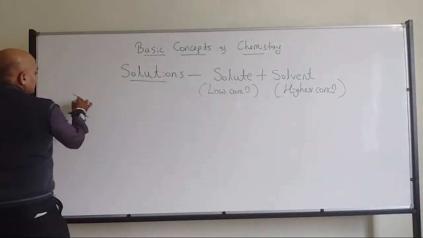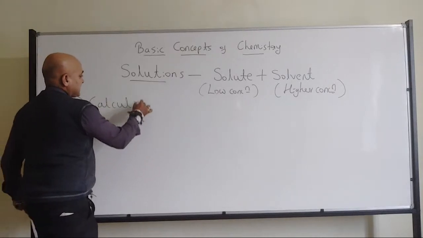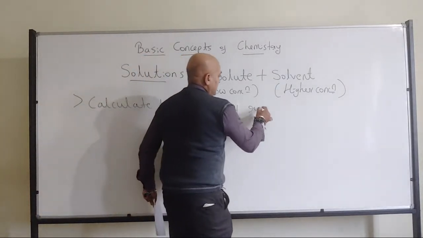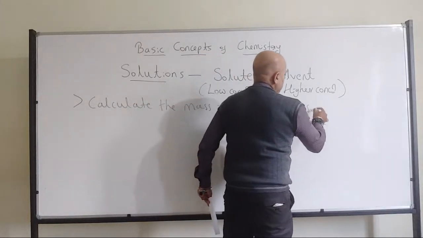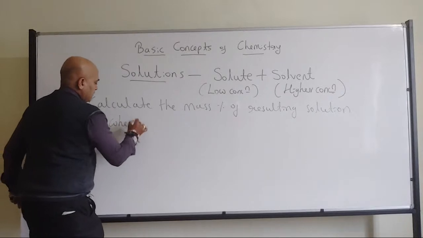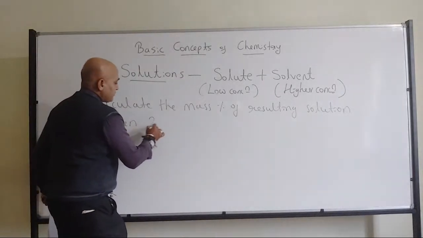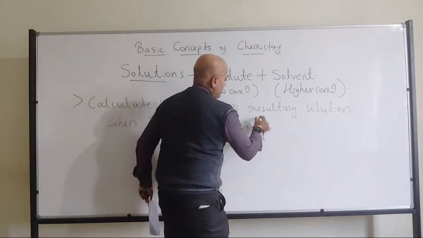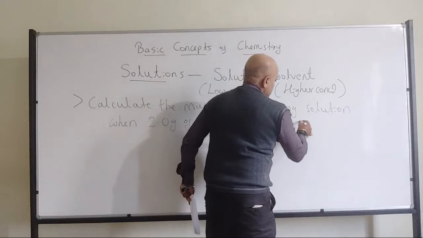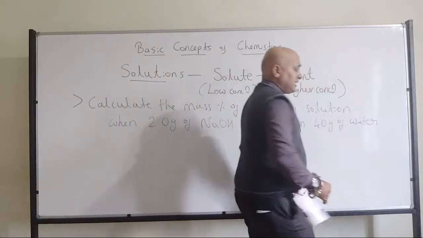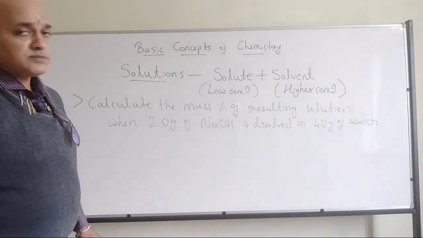Calculate the mass percentage of resulting solution when 2 grams of sodium hydroxide is dissolved in 40 grams of water. Find it out. 40 grams of water.